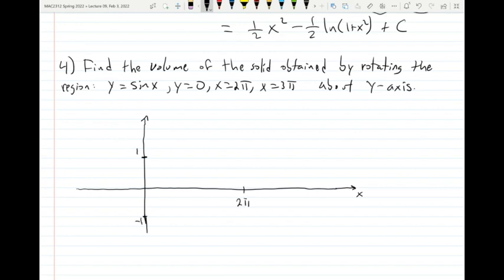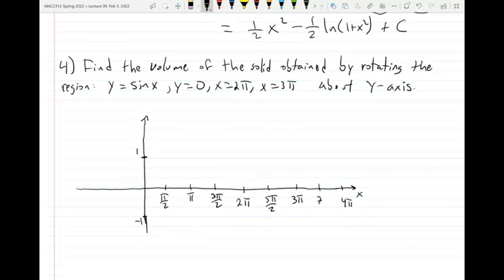Let's say that here is 2 pi, and then over here we have pi. Split this in 4 pieces, and then 4 pieces again. So this is pi over 2, 3 pi over 2, and then this is 3 pi here in the middle, and then this is the same thing as saying 4 pi over 2, so 5 pi over 2.